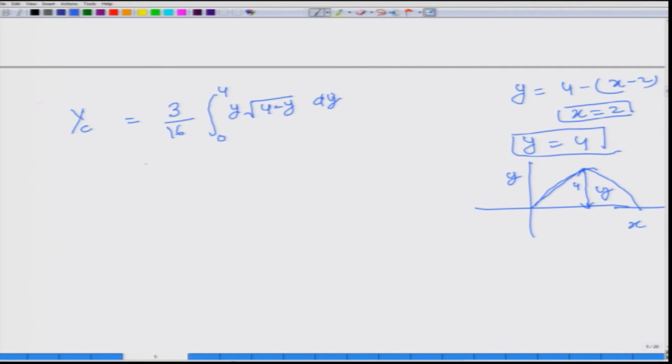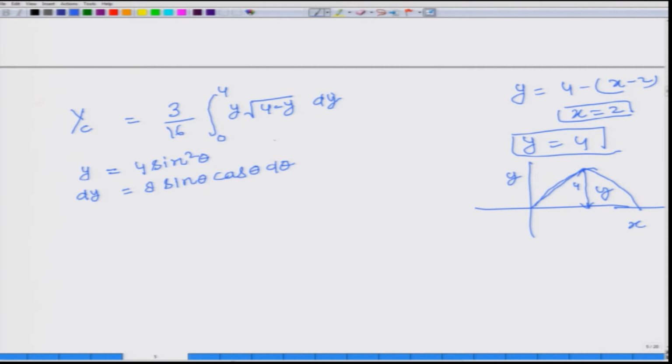To find out this integration, let us take y equal to 4 sin square theta, fine. So, dy would be equal to 8 sin theta cos theta d theta, fine.